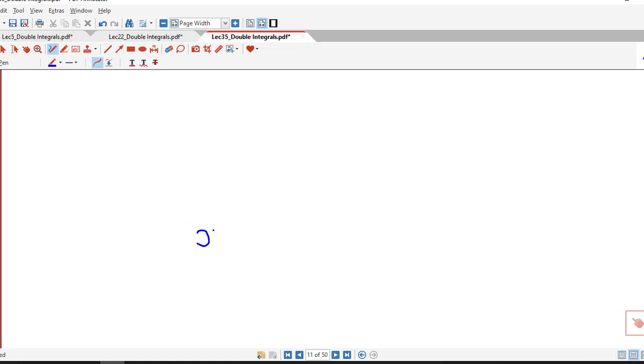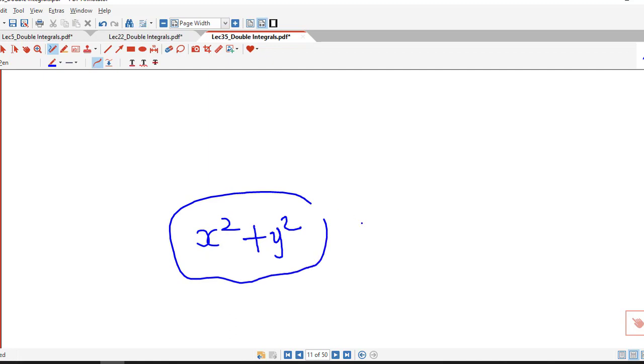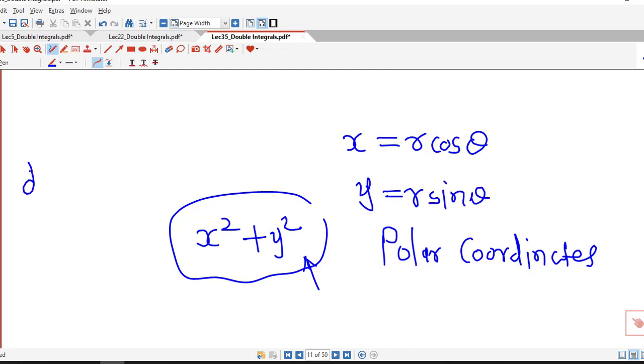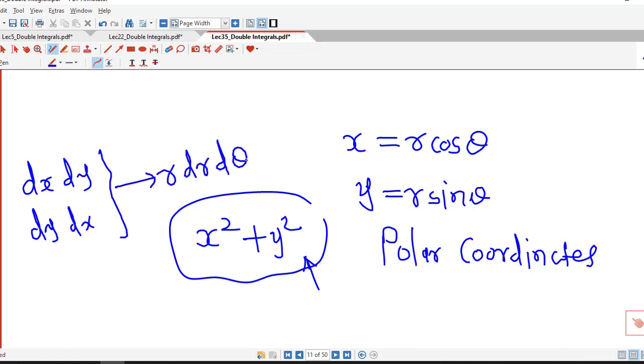So in all these problems we have observed one thing: whenever we have this type of quantity either in the limits or in the given function, it is better to switch to polar coordinates so that our integral becomes easy to evaluate. And we have used this substitution: x equal to r cos theta, y equal to r sin theta, and dx dy or dy dx is replaced by r dr d theta.